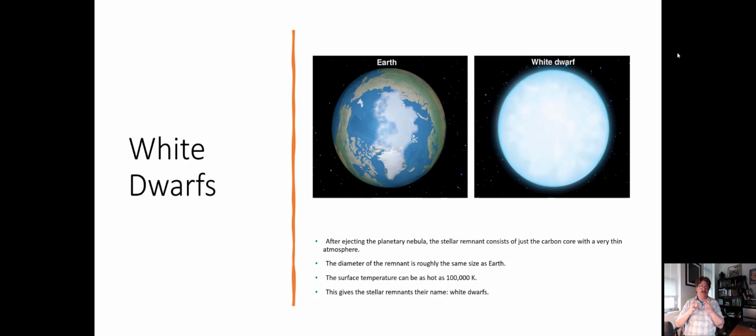These are very, very small objects. In terms of stellar corpses, they're actually the largest of the three, but they're roughly about the size of the Earth. And so these are very, very dense. The surface temperatures of them are around 100,000 Kelvin or so.